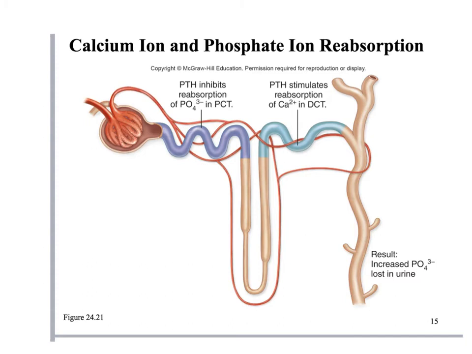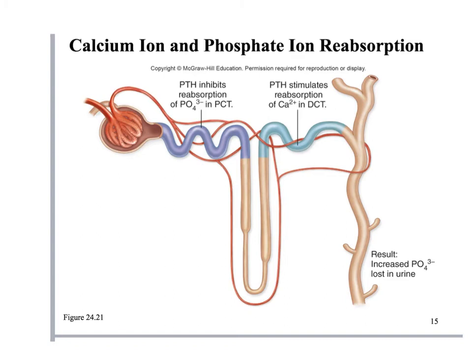Parathyroid hormone is also important in what process of the body? Calcium and phosphate are important in what process of the body? What other system? Calcium is important in what other? Skeletal system.